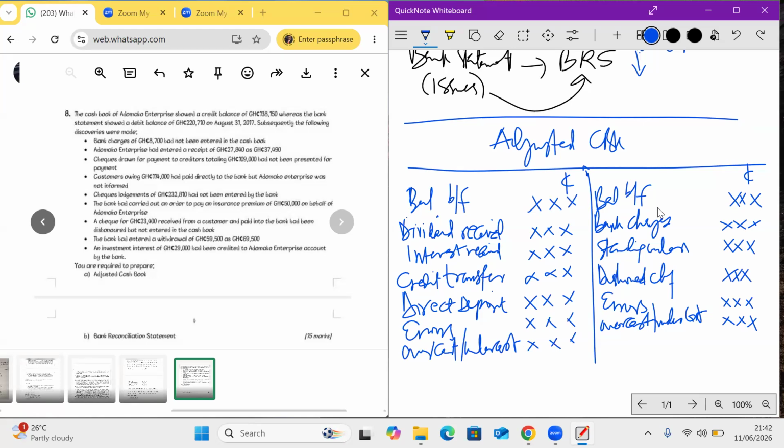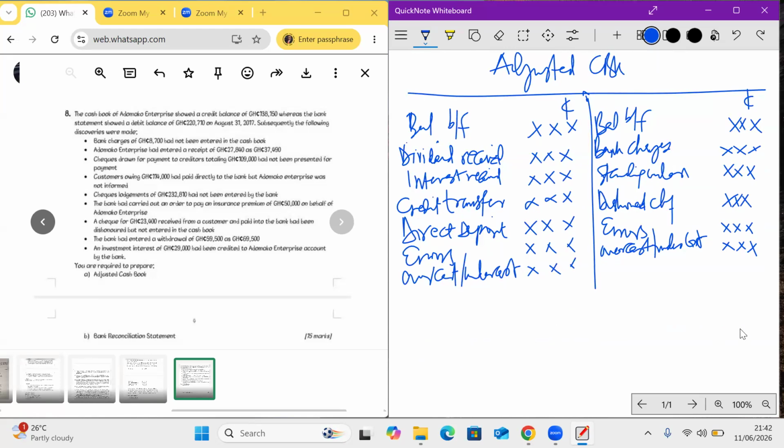The balance brought forward I've written at the top. Is errors not under credits? It can be on both sides. The balance brought forward I've written at the top, this one.